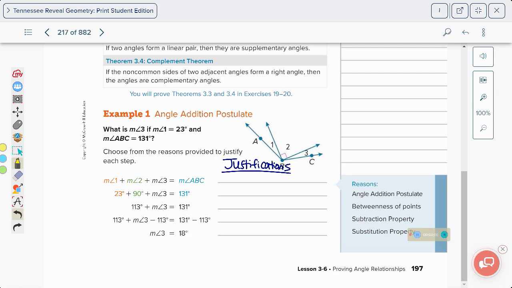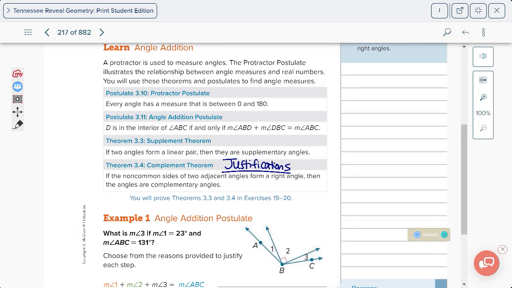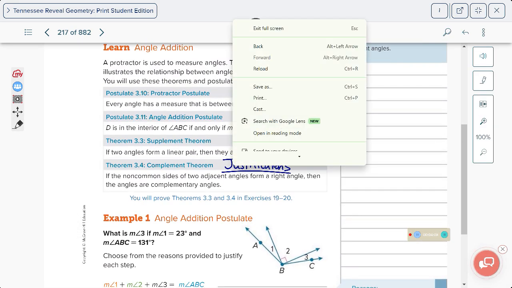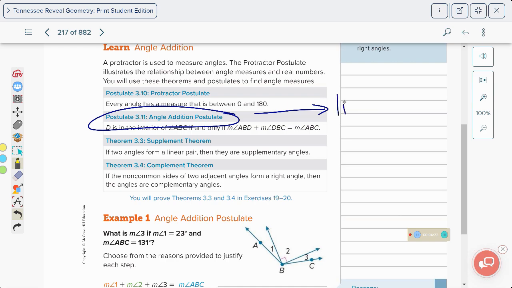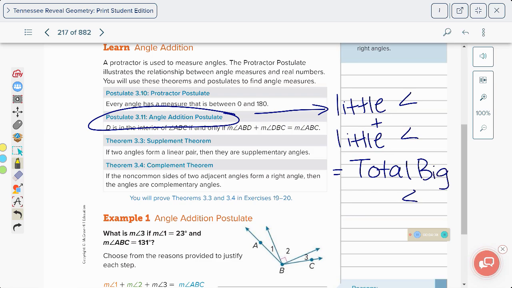So the angle addition postulate says, if we go back, it says all this here. Angle addition postulate, what that means in layman's terms, simpler terms: if I add a little piece of an angle to the other little piece of an angle, all that is going to equal the total big angle.